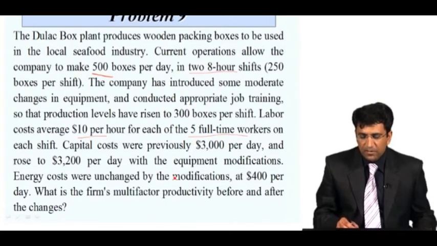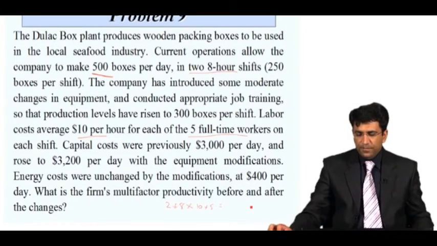So the total labor cost will become 2 multiplied by 8 multiplied by 10 multiplied by 5. Students, the total labor input in this particular case will be equal to this particular value.